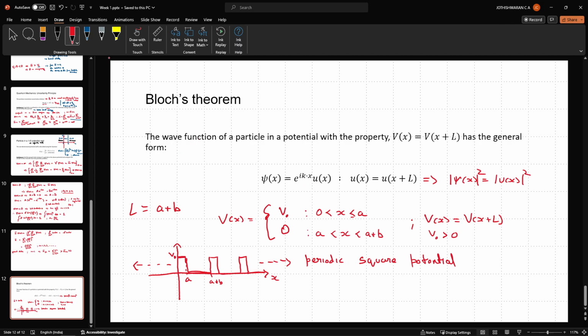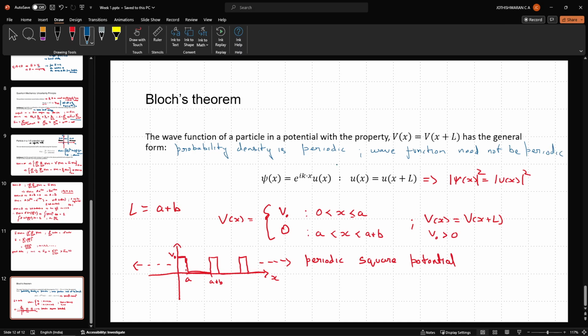So what Bloch's theorem effectively tells us is the probability density is periodic, but the wave function need not be periodic. Of course, if k is equal to 0, the wave function itself becomes periodic.